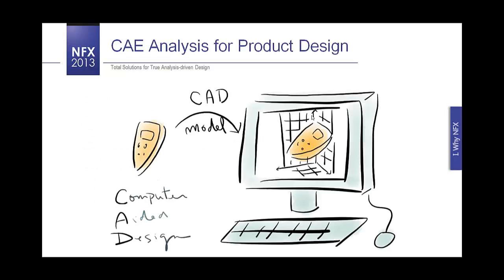So for the few CAD analysts who are here, I would like to come back to the basics before beginning this webinar, and I would like to say why the engineers need CAE analysis. So it all begins with CAD, which represents the model in 3 dimensions on the computer.